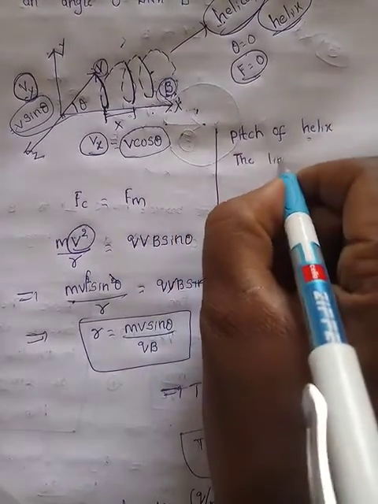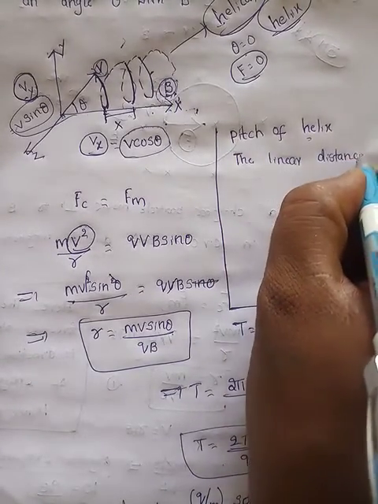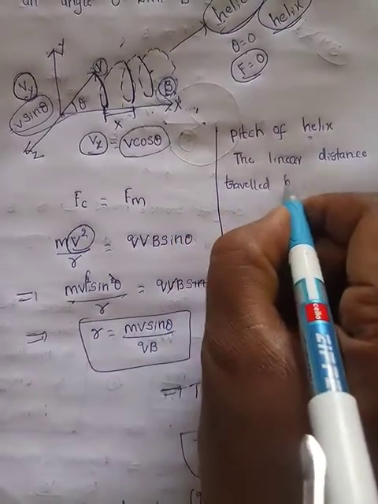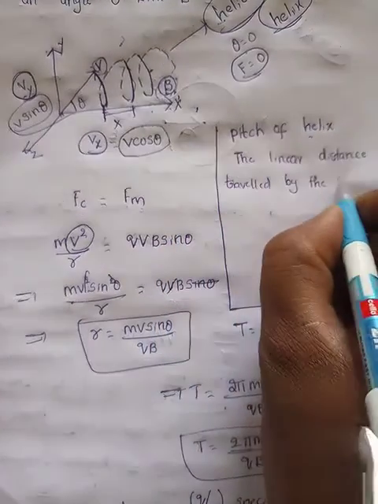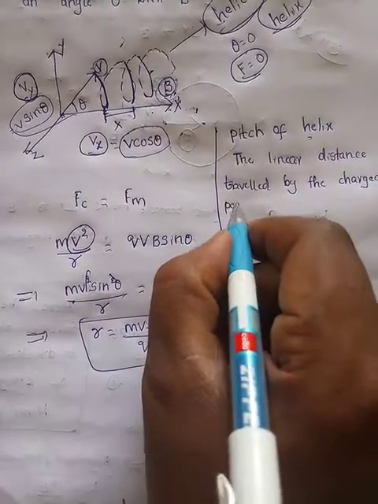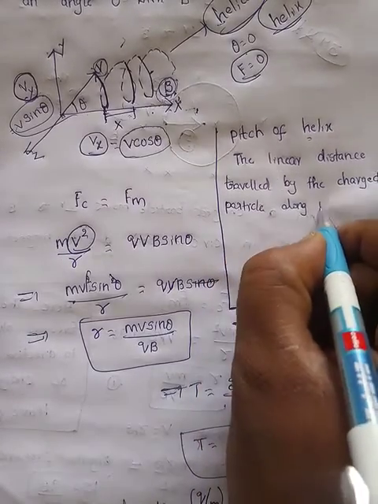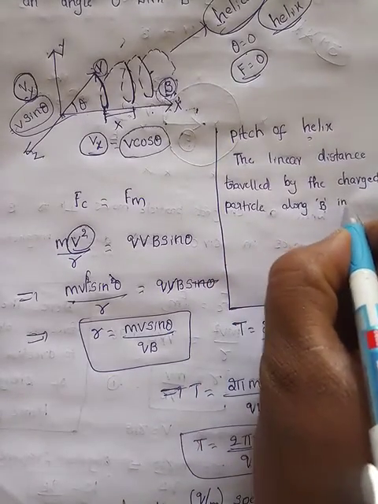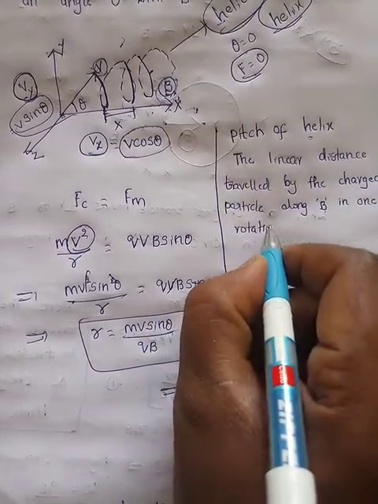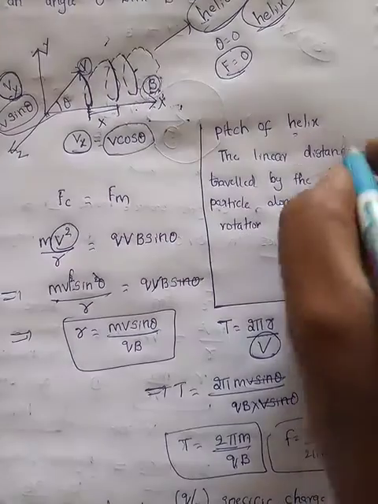The linear distance travelled by the charged particle along the direction of magnetic field in one rotation is called pitch of helix.